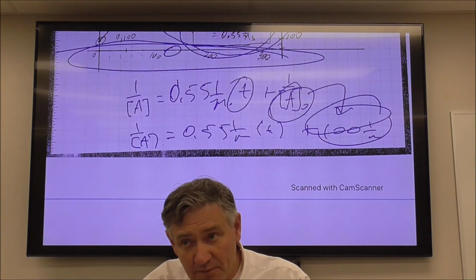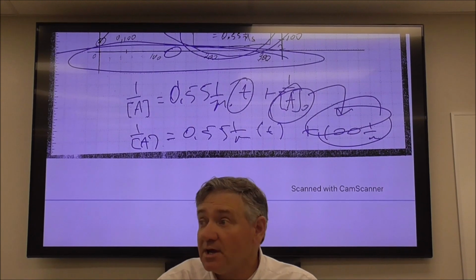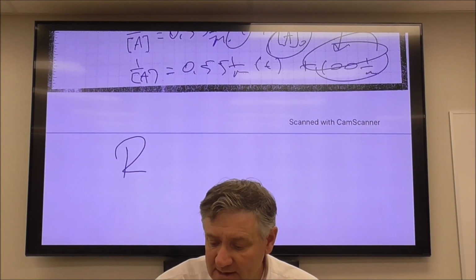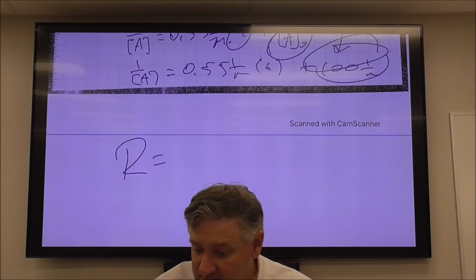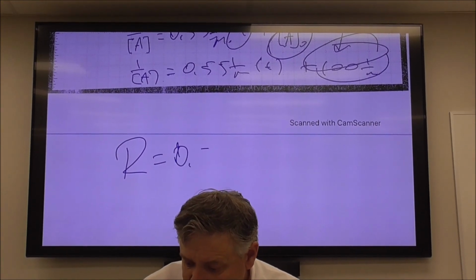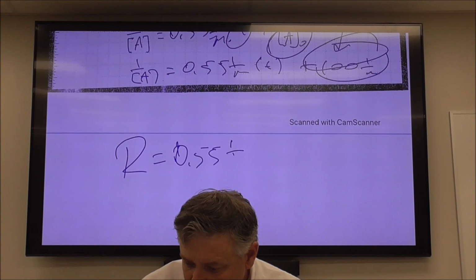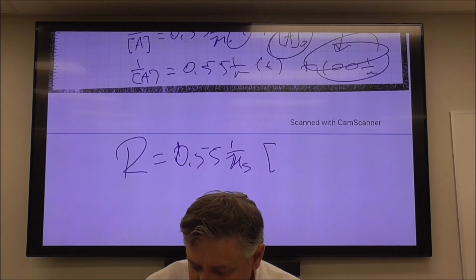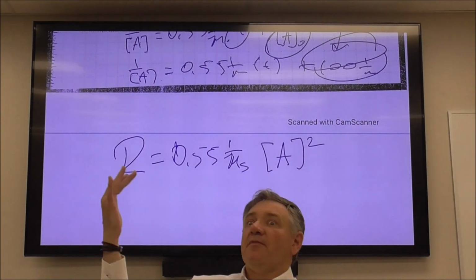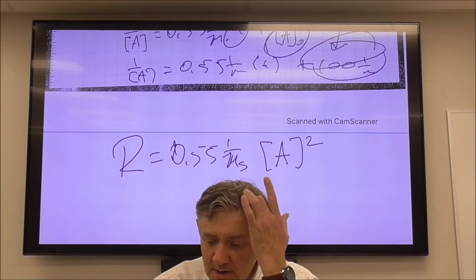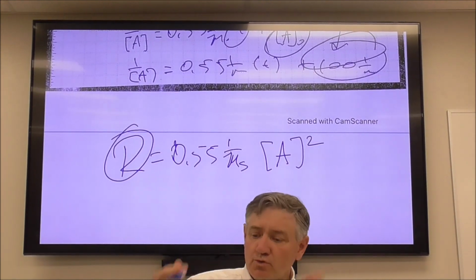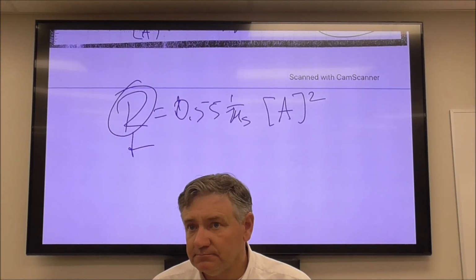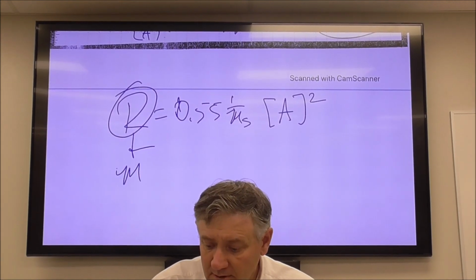So now that you know the integrated rate law, you can also write the rate law itself. Oh, this is second order. So I could write that as R equals K. Now I know what K is, which is 0.55, 1 over molarity seconds, times A squared. Now, this is also where the magic happens. This is actually going to be my rate. Cool. So if you look at this, what's any rate measured in? Molarity per second.